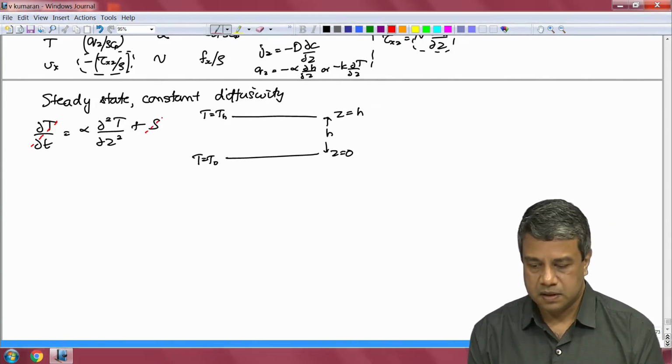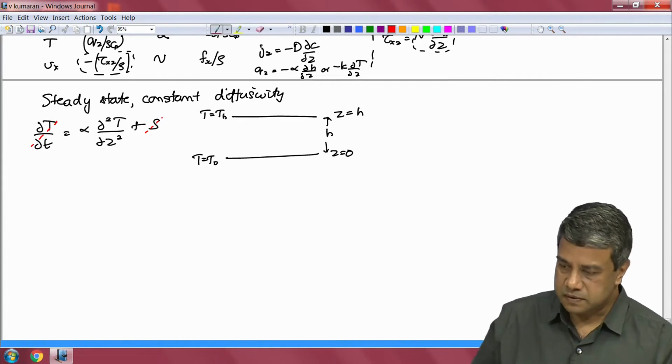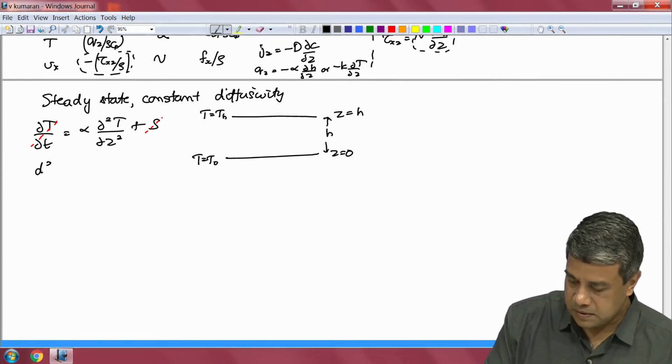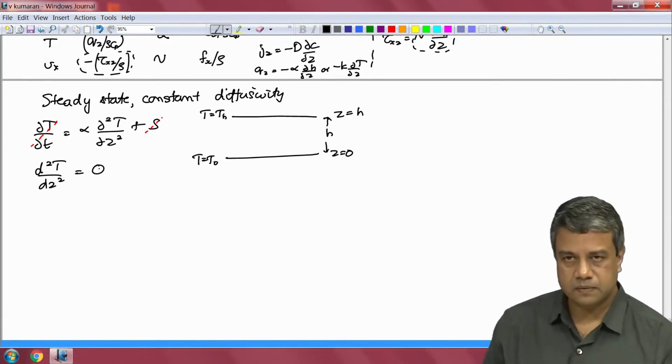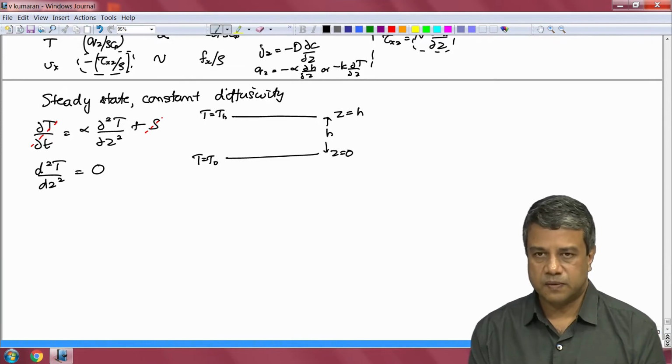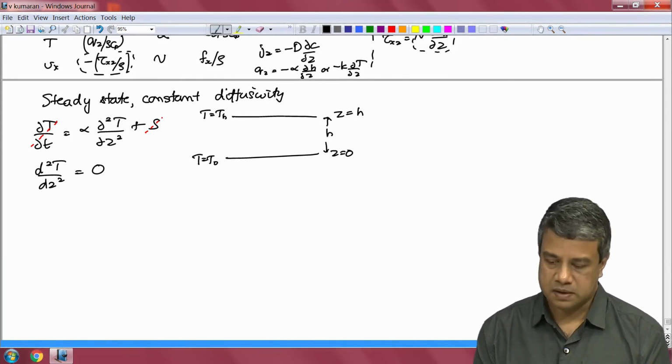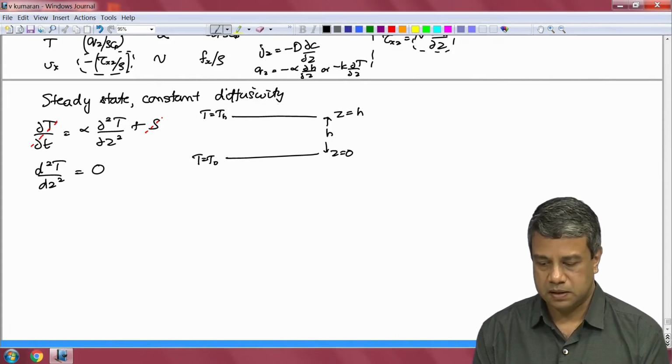Therefore, at steady state in the absence of sources, the differential equation just reduces to d squared T by dz squared is equal to 0. Total derivative because there is no time variation.